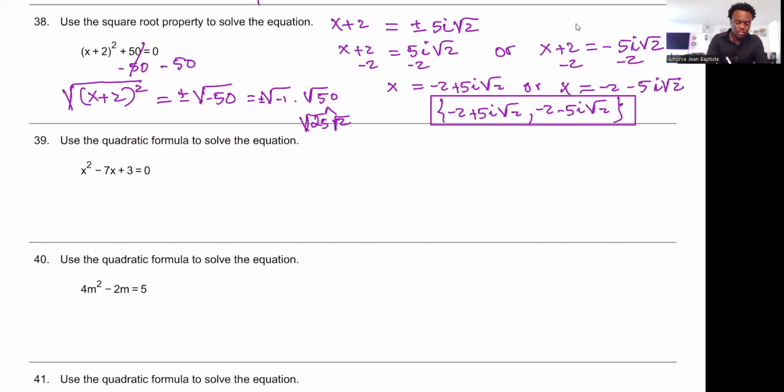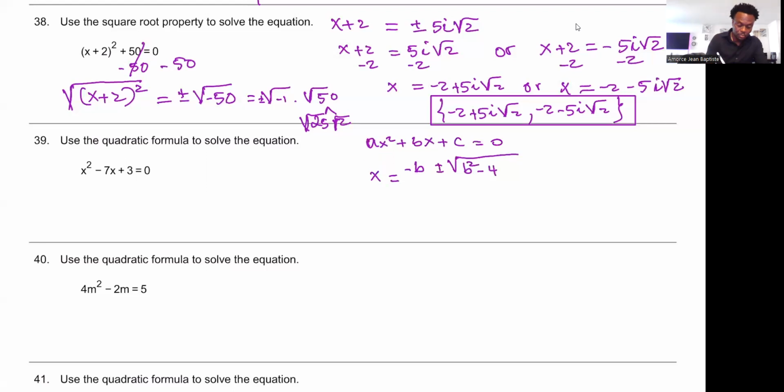So this formula says, if I have a quadratic equation in this form, ax squared plus bx plus c equals 0, it can be solved using the quadratic formula, that is x equals negative b, the coefficient of x, plus or minus the square root of b squared, the same coefficient of x that you square, minus 4 times a, the coefficient of x squared, not x squared included, just the coefficient.